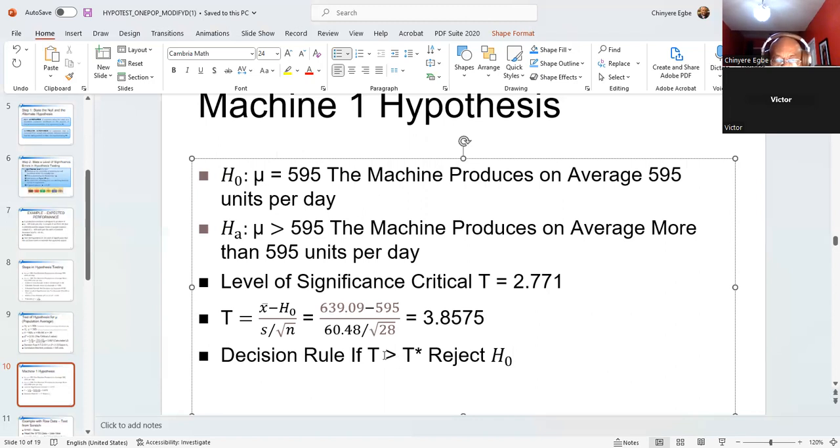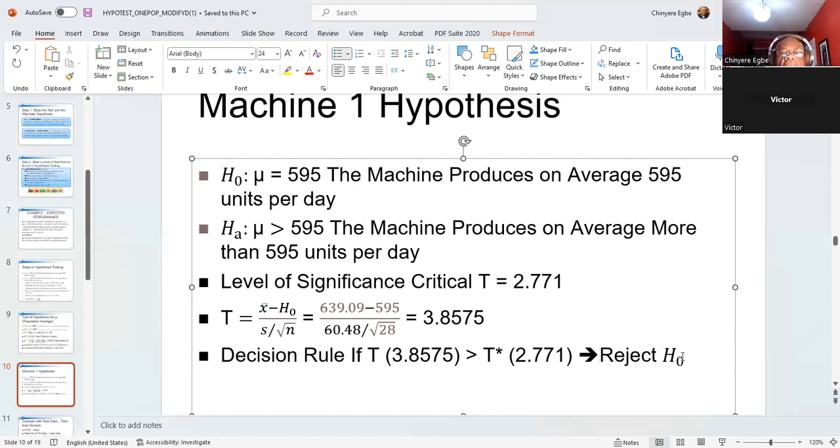Okay, here T is 3.8575, which is greater than the T star, 2.771. So that implies we reject the null hypothesis.